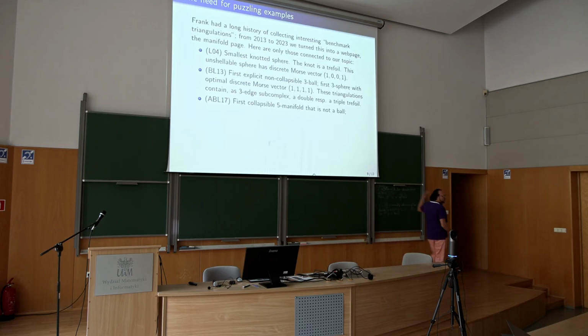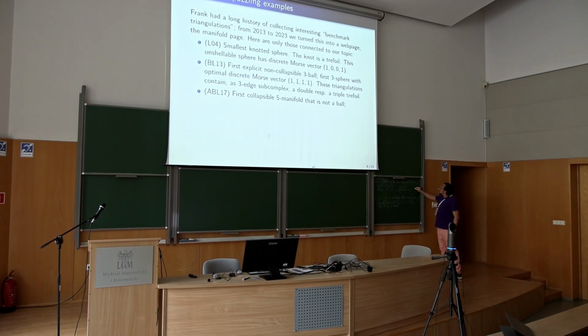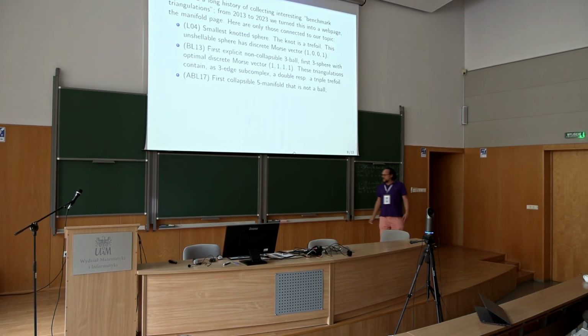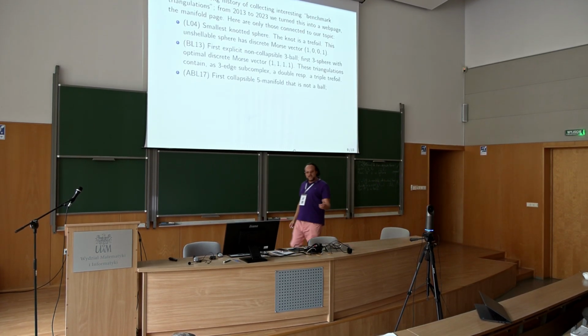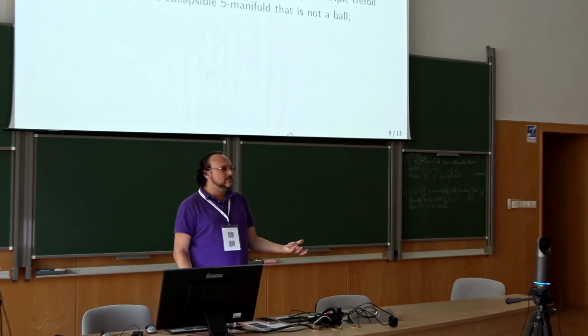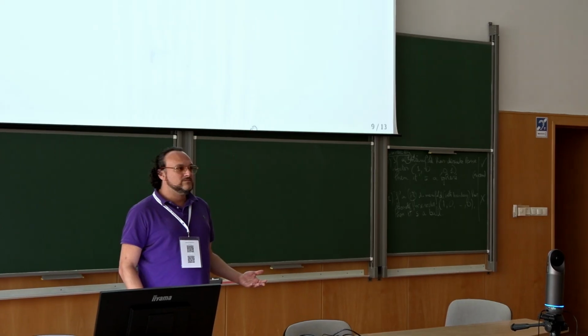Yeah, so you can ask, is it true if I delete the PL assumption? It turns out that the answer is, without PL, this is true and this is not true. This is true, and this was observed by Forman. It's a very easy proof. The reason is that if you have a contractible manifold and the boundary is a sphere, then it's a ball.